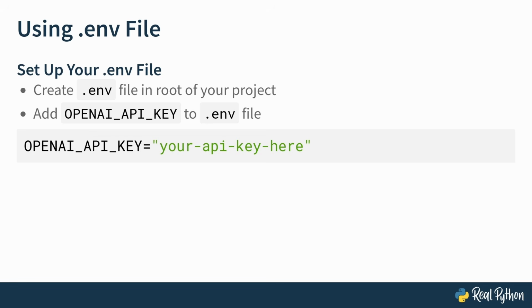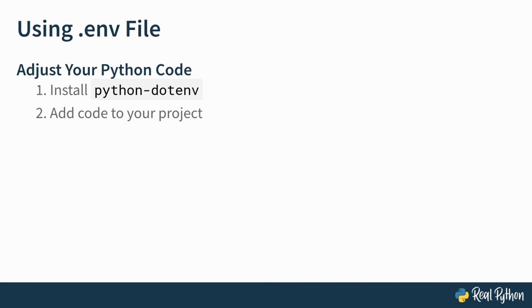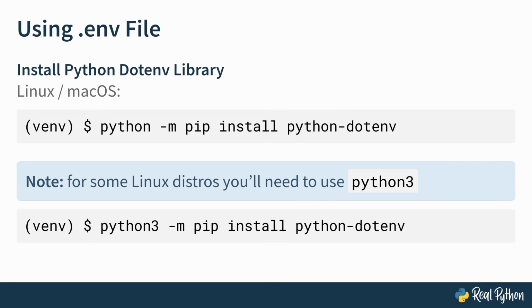Secondly, you will actually have to adjust your Python code. So that is why we needed the virtual environment to exist first. You will need to install a library called python-dotenv, and then you need to add 2 lines of code to your project. So to install python-dotenv, again, it depends on your operating system.